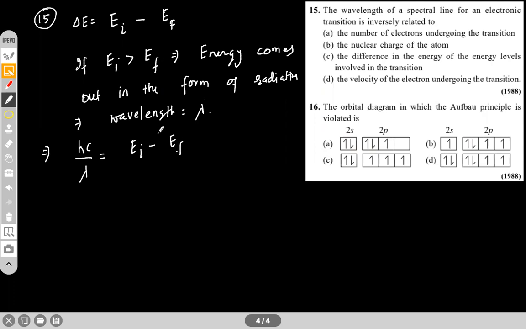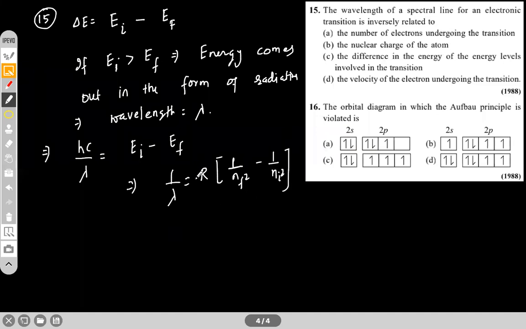If you solve this, you'll get 1 by lambda is R into 1 by NF square minus 1 by Ni square. This is the relation we have. R is the Rydberg constant.